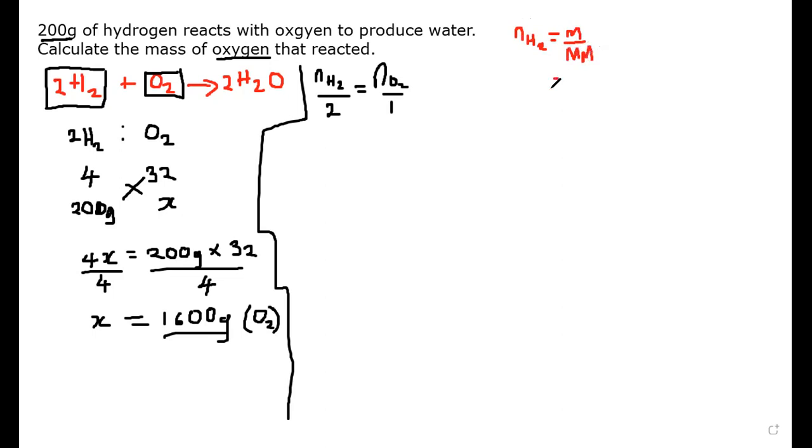So what is the mass given? The mass given is 200 grams. This will be divided by the molar mass. Do not add the 2. As you can see from the formula, I'm just finding the molar mass of H2 alone, not together with the coefficient.